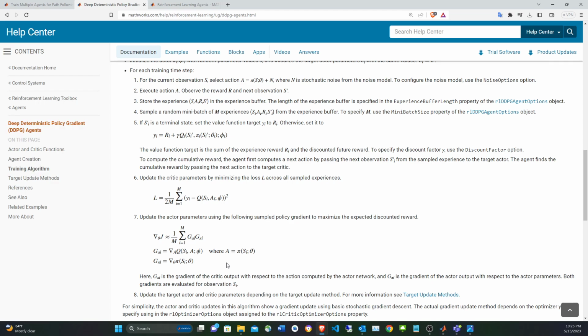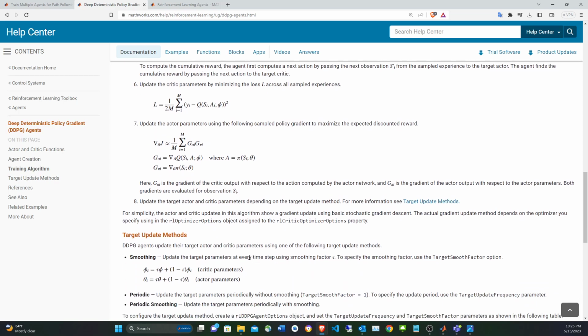That's why you have to use a gradient to maximize the reward, and then with the policy you get the gradient as well, and those two are multiplied and averaged over the batch size, and then that one you use to update the network parameters of the policy.